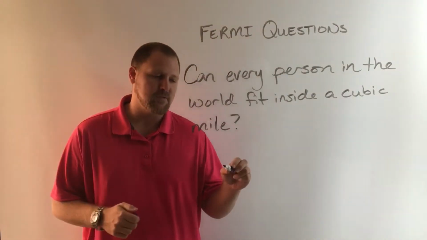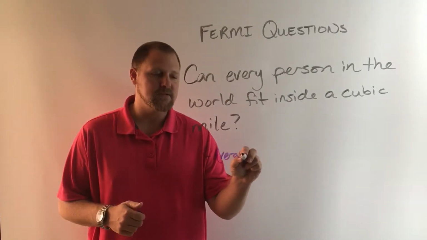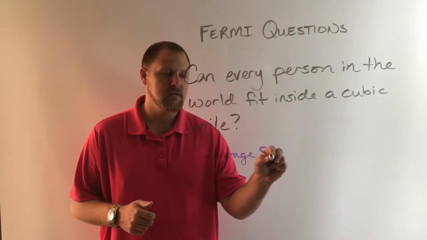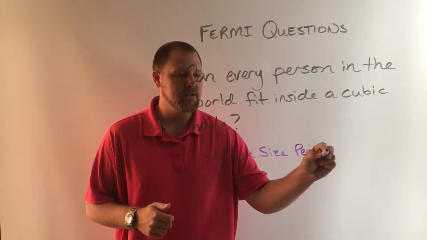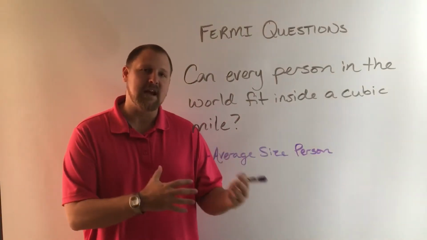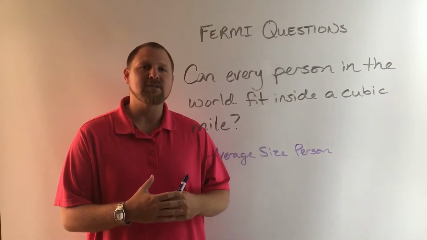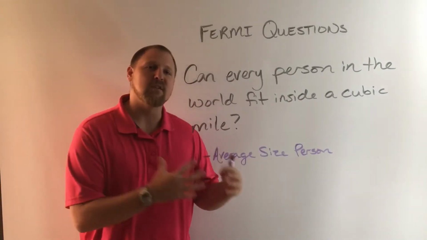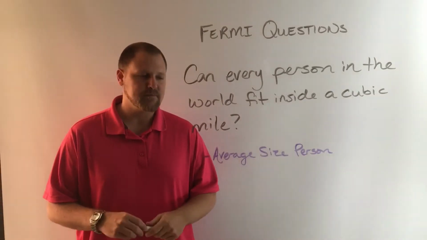Some of the assumptions we're looking at is that we can calculate the average size person. We're going to assume that we can figure out the amount of space the average size person takes up, and what this does is eliminate the potential of having somebody that's very, very large and somebody that's very, very small and trying to calculate a whole bunch of different size people.